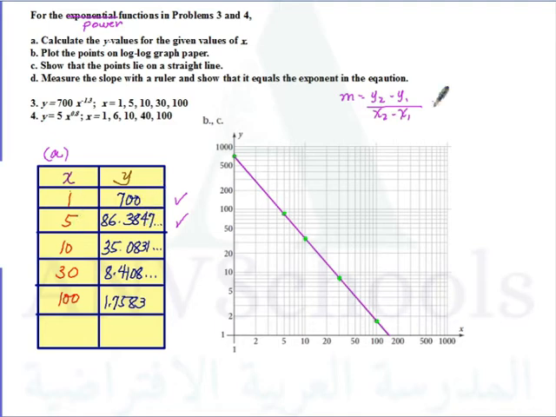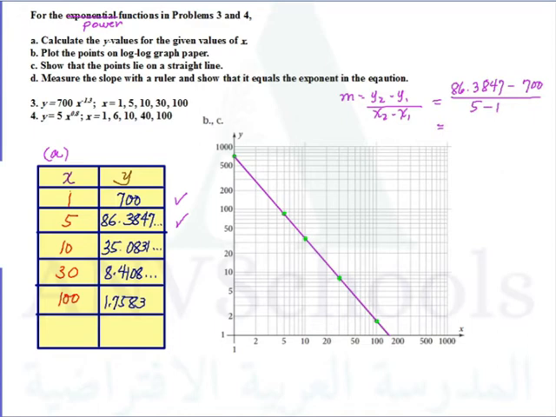So I will have 86.3847 minus 700 divided by 5 minus 1. So it should be negative, right? And let me see. So 86.3847.